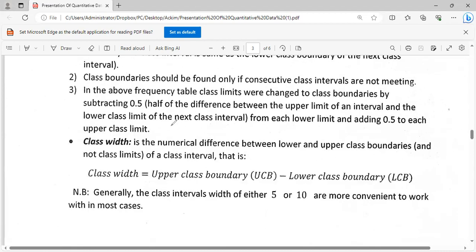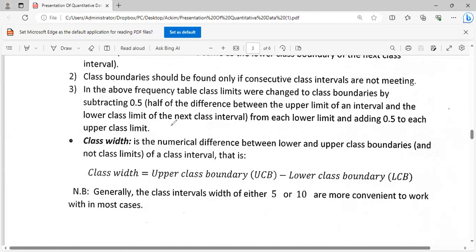Then the class width is numerically the difference between the lower and the upper class boundaries. So take note, don't mistake this for class limits. For example, we have 0 to 9, then 10 to 19.